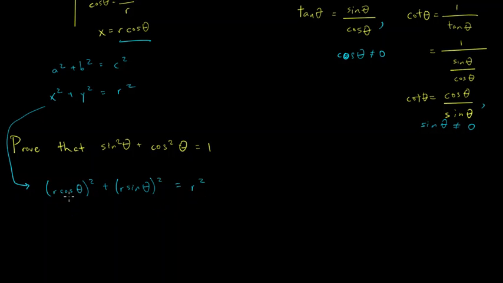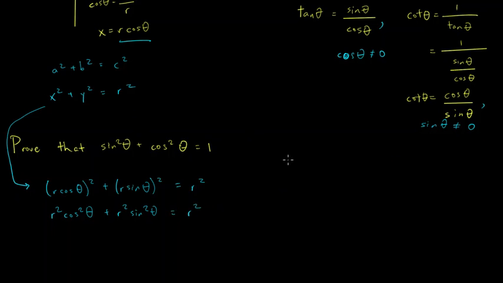I'm just going to square everything within the brackets. R squared cos squared theta plus r squared sine squared theta is equal to r squared.